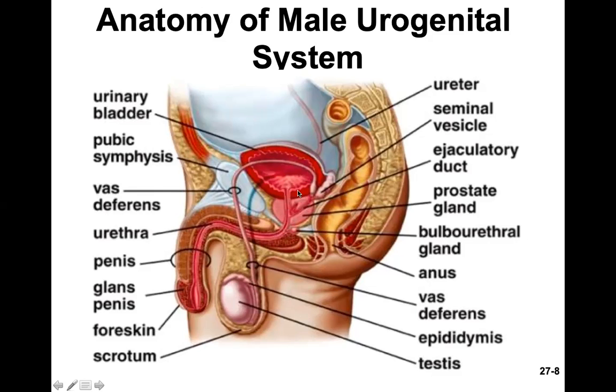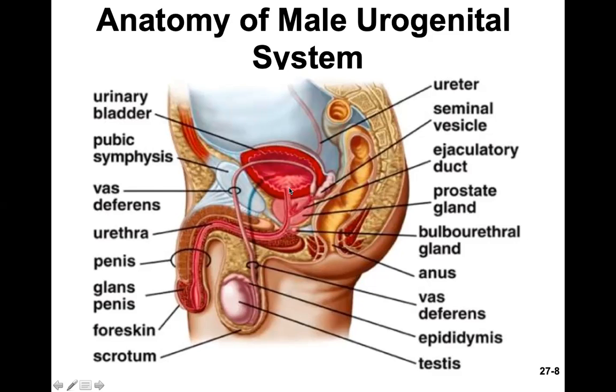If you know an elder male, or if you've come in contact with an elder male that has trouble with urination, more than likely they have a prostate issue, whether it's BPH, prostatitis, or prostate cancer.